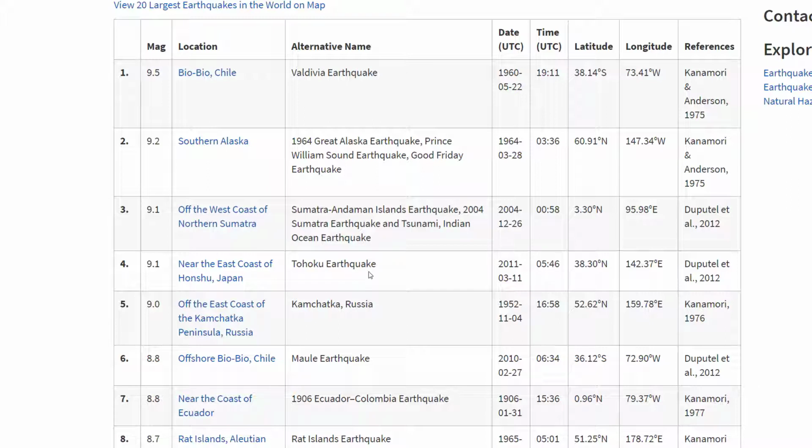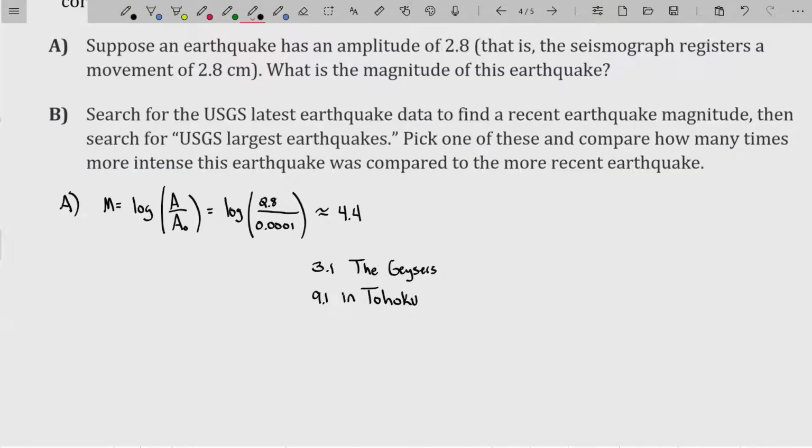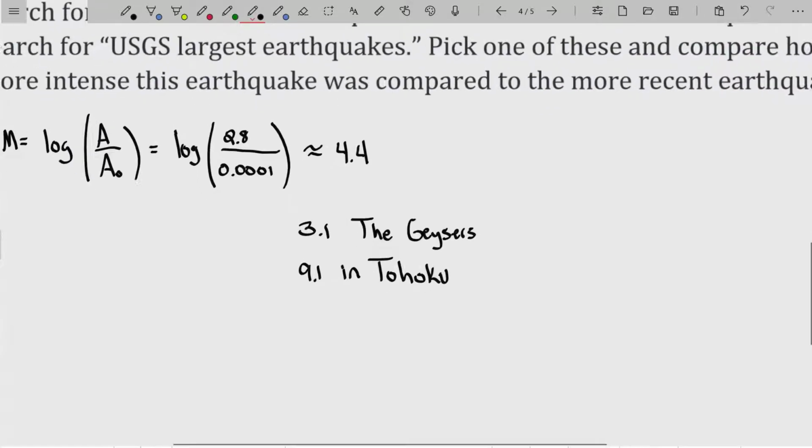But more recent, you had the Tohoku earthquake. I'm butchering this. Anyway, Tohoku earthquake, and that's in Japan. So we'll take that one. It was March 11th, 2011 in Japan, a 9.1 earthquake. So there I have the magnitudes listed right there.